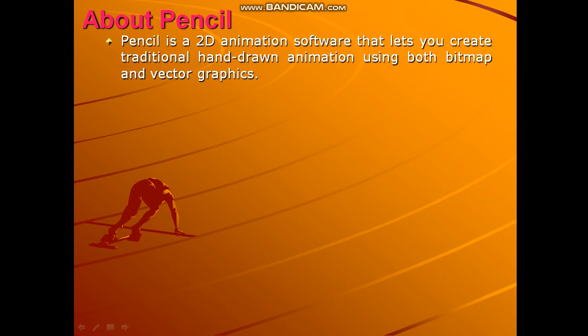You might be remembering the last chapter. In chapter number 1, we studied about images. There are two types of images: bitmap images and vector based images. So Pencil can handle both types of images.